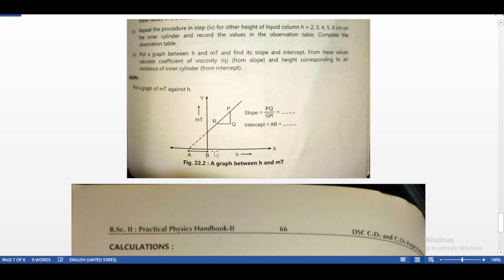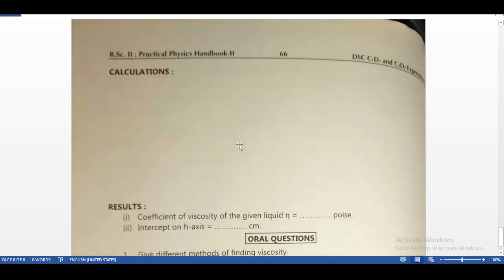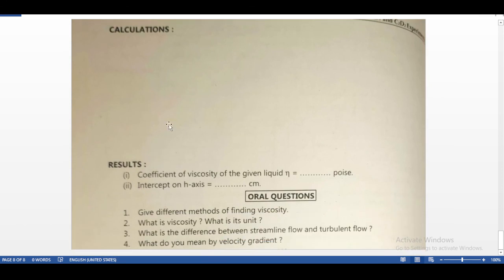The intercept AB is on the negative x-axis and it is the slope. Now we have to interpret the result in this way: the coefficient of viscosity of the given liquid eta by calculation and by graph in terms of poise, as well as the intercept on the h-axis in centimeters.